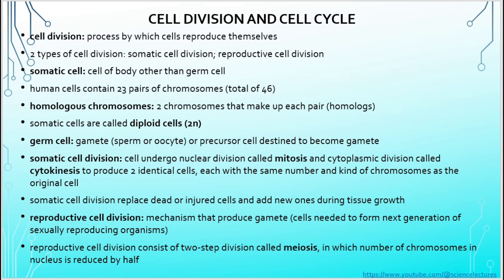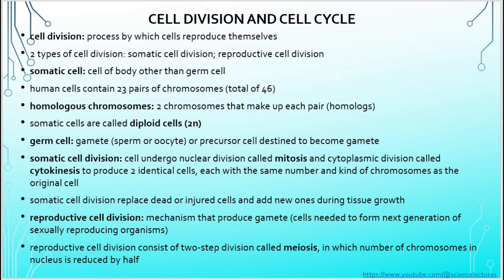Because somatic cells contain two sets of chromosomes, they are called diploid cells, 2N. When a cell reproduces, it must duplicate all of its chromosomes to pass its genes to the next generation of cells.